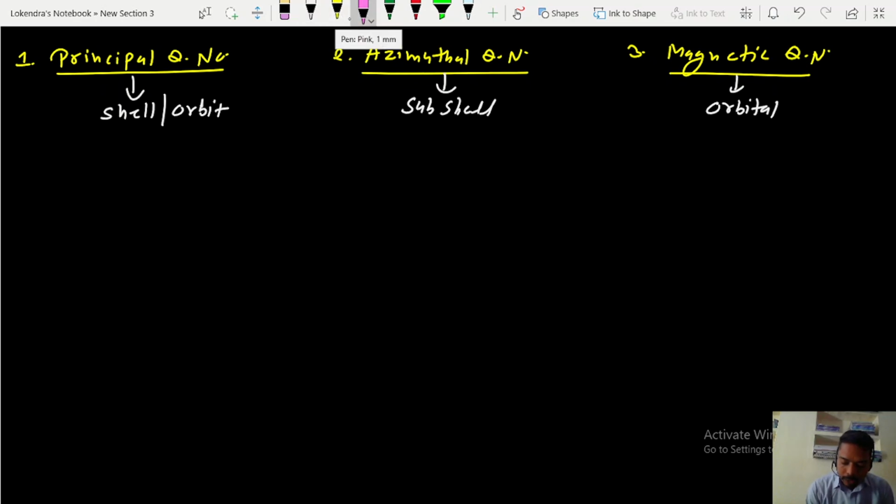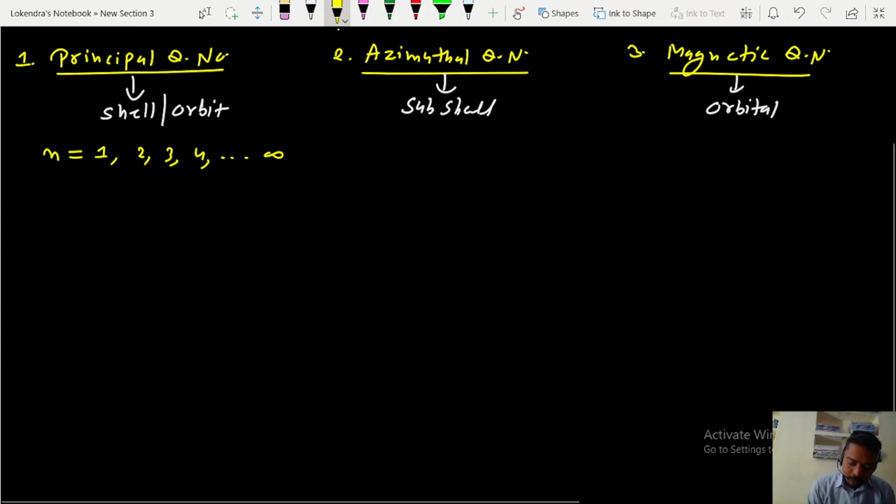We have some notations for these quantum numbers. The principal quantum number is represented by small n, and small n has values from positive integers 1, 2, 3, 4, like this to infinity. We can have infinite shells. Now we have the subshell value, and it is dependent on n.